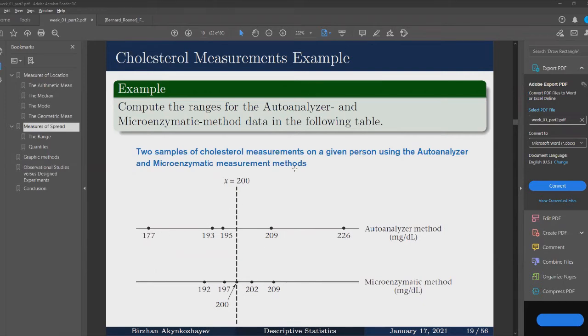So if we have, let's say, two data sets with the same largest and smallest values, but a different spread in between, it will show that both of these data sets have the same range. And on top of that, when we increase our sample size, the range is going to also increase.